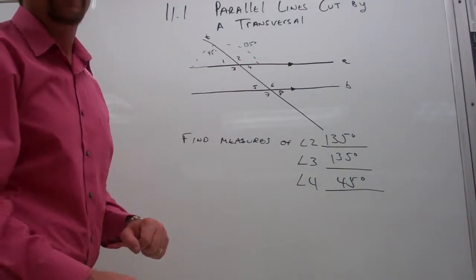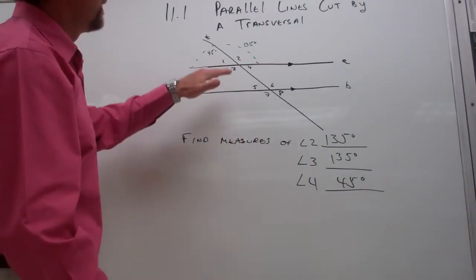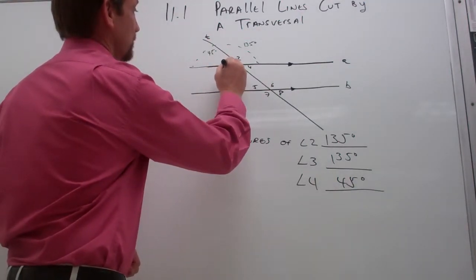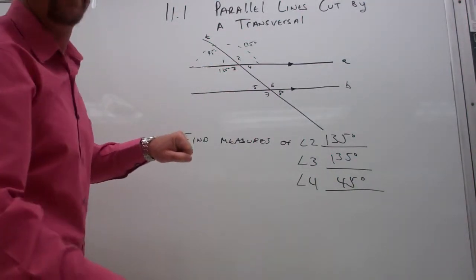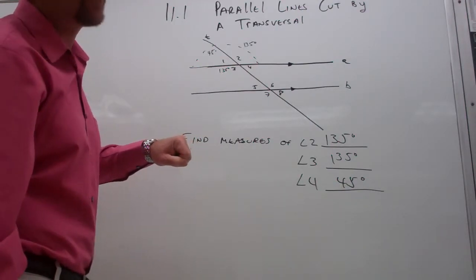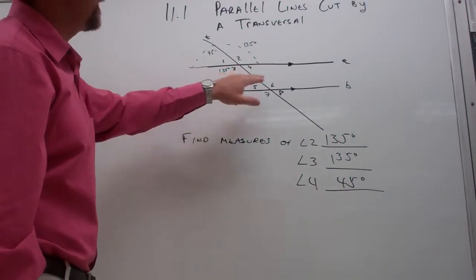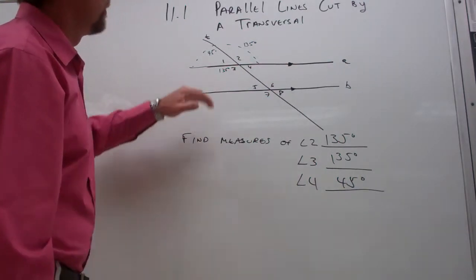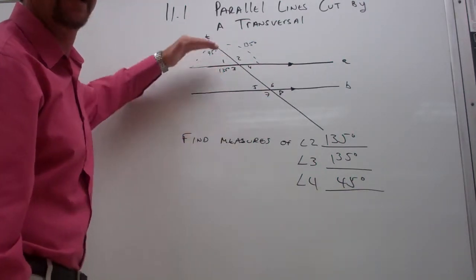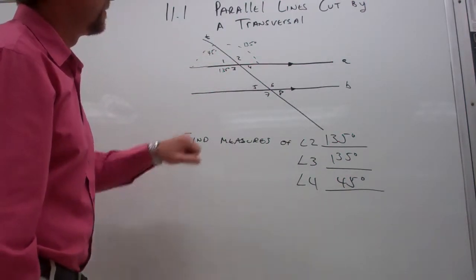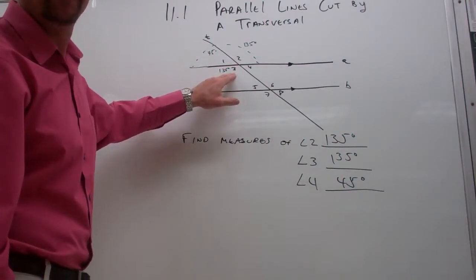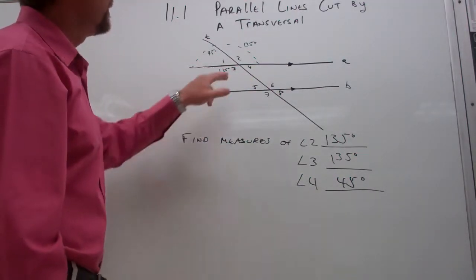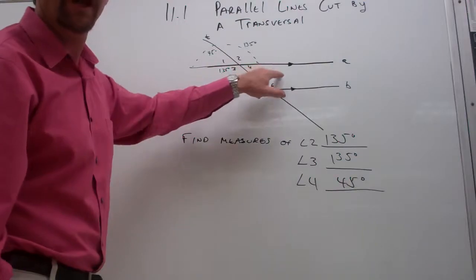Now, if we extend this, now that we know that angle 3 is 135 degrees, think about some of the vocabulary we've been practicing. Angle 3 and angle 6. What's the relationship between angle 3 and angle 6? You notice they're both inside the parallel lines. Angle 3 is on the left side of the transversal. Angle 6 is on the right side of the transversal. These are alternate interior angles.